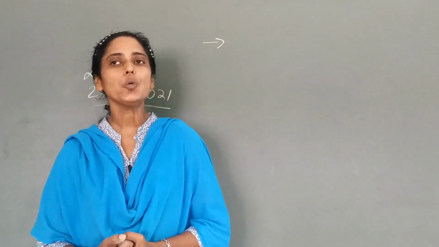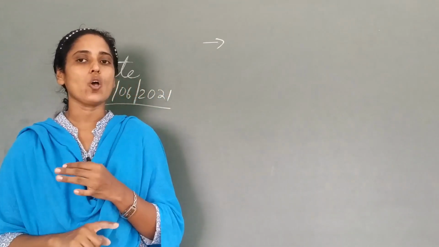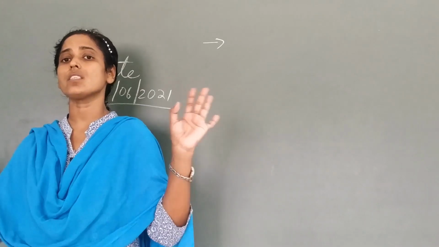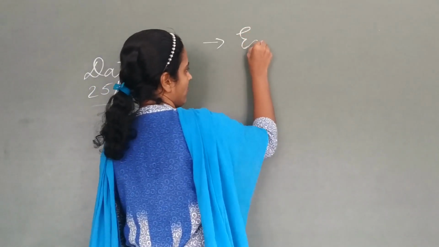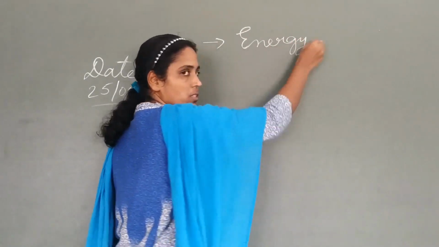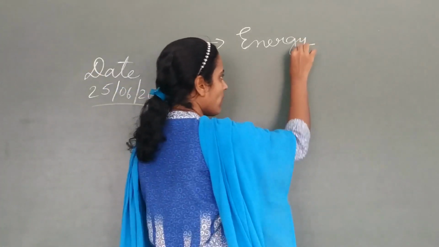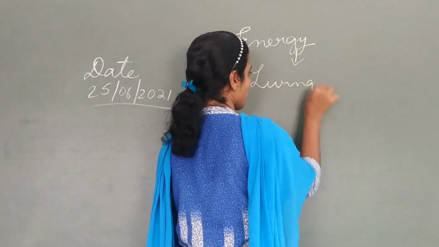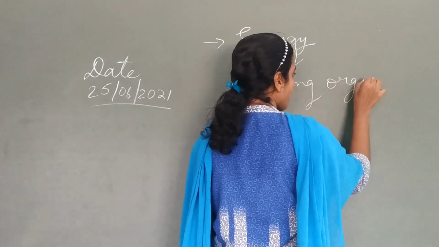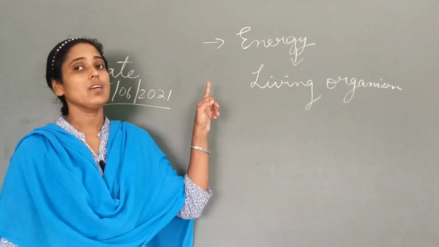Due to this, on earth you can see a variety of living organisms flourish. Heat and light we are already getting, students. Energy from the sun is very important for the development of every living organism.